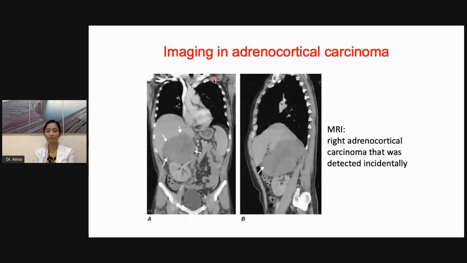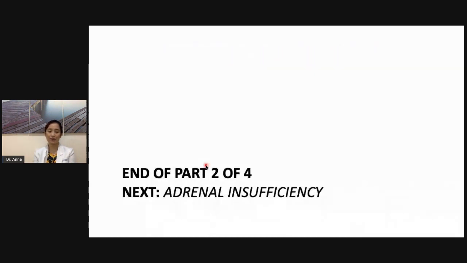So this is a patient. This is actually an MRI with a right adrenocortical carcinoma that was detected incidentally. And I'm surprised that this was discovered incidentally because the mass is already very, very big. And this is actually an adrenocortical carcinoma.